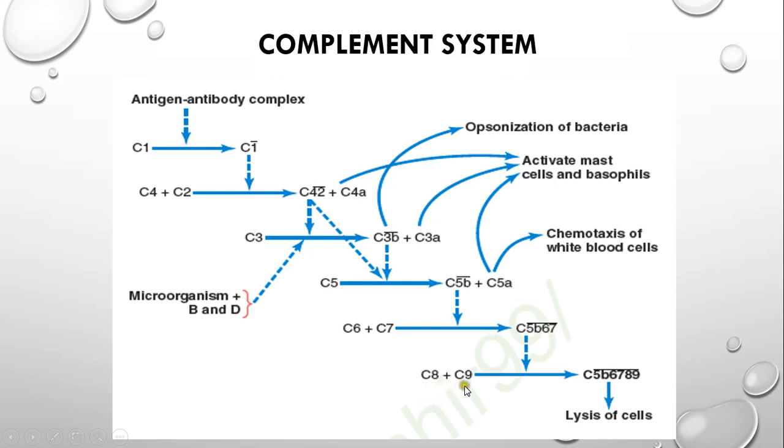Then C8 and C9, when they are activated, they form another complex, C5b, 6, 7, 8, 9. This complex helps in the lysis of the cells.